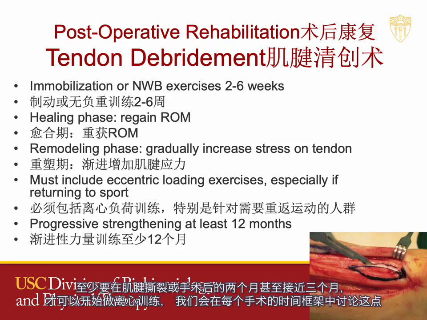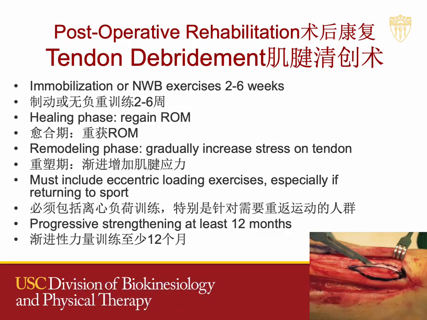I would say at least 2 months, maybe even closer to 3 months after a tear or a surgery, you can start eccentric exercise. We'll talk about those time frames with each individual surgery. But you must start doing eccentric exercise.